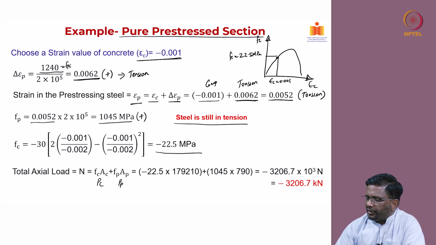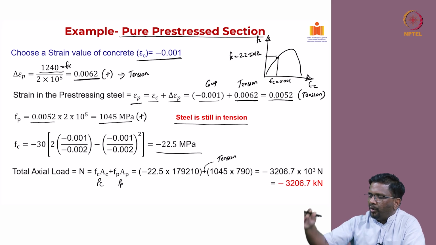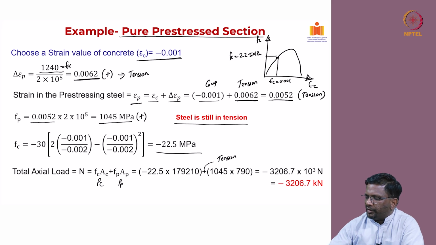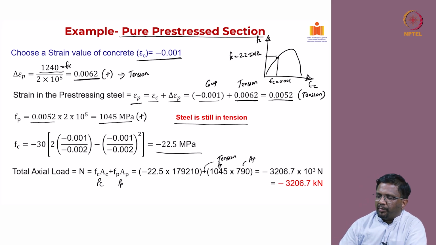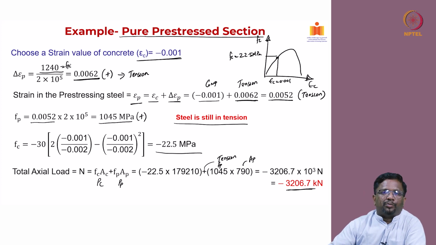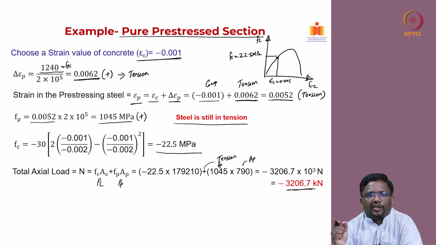Then this is plus, in tension. Though the entire load applied is in compression, the prestressing steel is offering only tension. So, that is 1045 multiplied by AP, FP multiplied by AP, which gives a force of 3206.7 kilonewton.